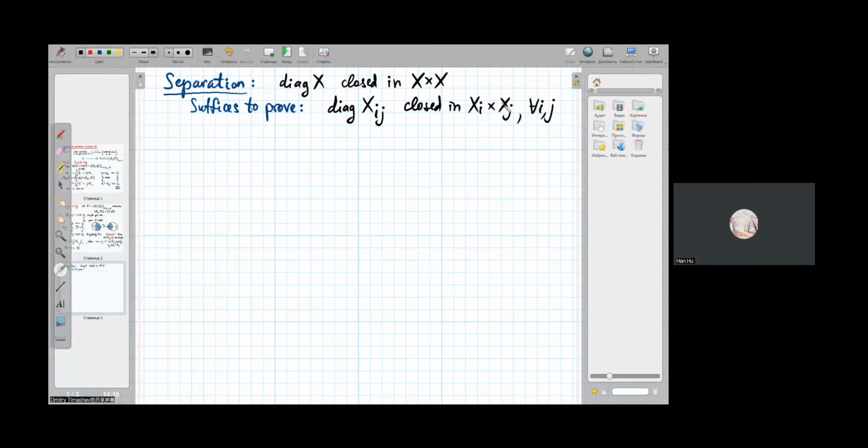So closedness is a local property. If you have an open cover such that the intersection with each subset in the open cover is closed, then the whole set is closed. Okay, so it suffices to prove this, and even we may assume that i is not equal to j.